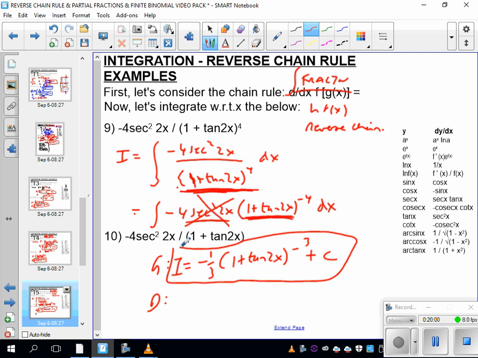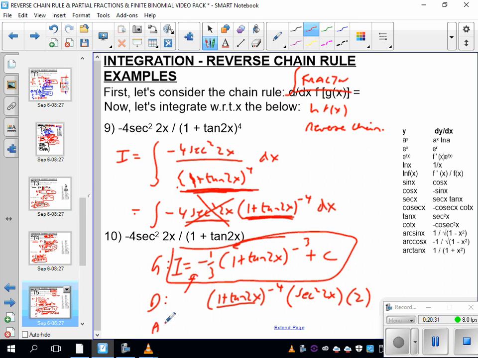So the minus 3 will come down, okay, and that will cancel my third. That's great. So I get 1 plus tan 2x to the minus 4, and then out will pop the derivative of 1 plus tan 2x. Tan 2x goes to sec squared 2x, but times by 2, which is not what I started with. I started with minus 4 sec squared 2x. So I need to times my whole thing by minus 2, what I guessed, right?